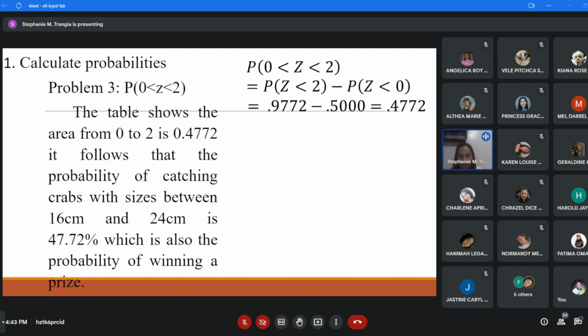So, to find areas in between, kailangan lang nato, di ba, kwaon ang area to the left of z lesser than 2 minus to the left of z lesser than 0. So we already know that the area to the left of 2 is 0.9772 and to the left of 0.